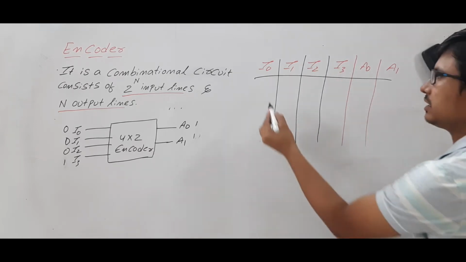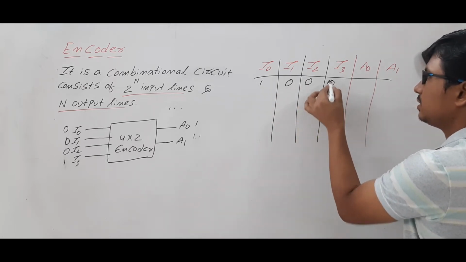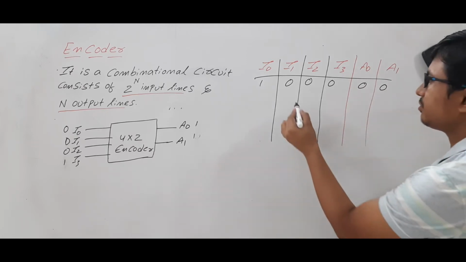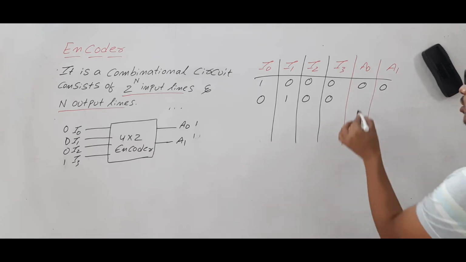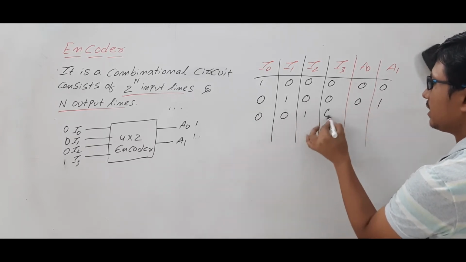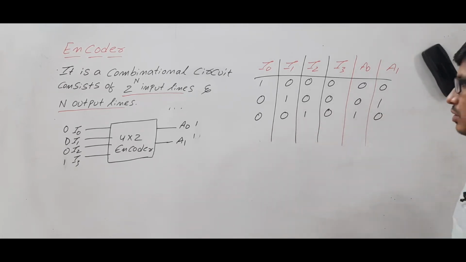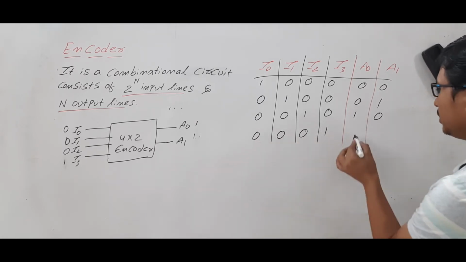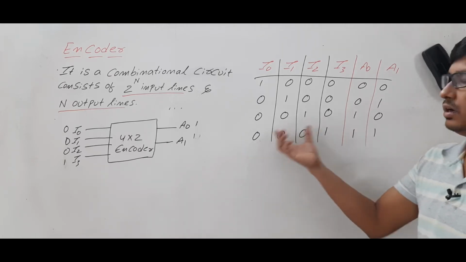As I discussed earlier, if I0 is 1 and all others are 0, then we will get an output of 0, 0. Similarly, if I1 is 1 and all others are 0, we will get the output as 0, 1. If I2 is 1 and the rest of the inputs are 0, you will get the output as 1, 0. If I3 is 1 and the rest of the inputs are 0, you will get the output as 1, 1. So I hope you have understood the truth table.